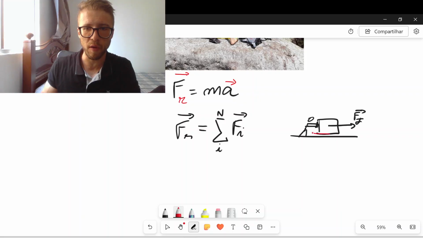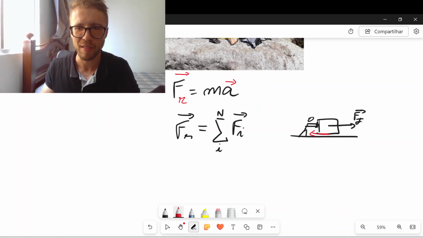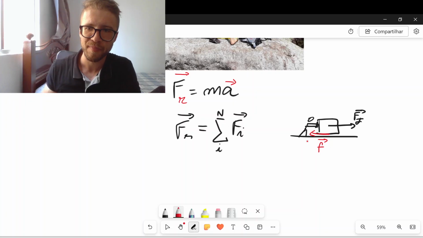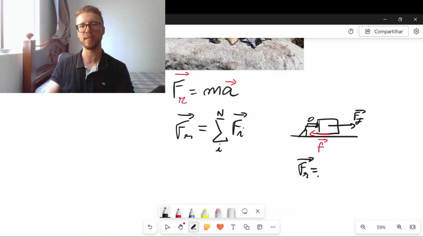The floor is not helping me because of the frictional force. I'll call it little f for the frictional force. So the resultant force of this problem in the horizontal axis is the vector sum of the two. So F sub r is F sub j, James's force, plus the little f frictional force.